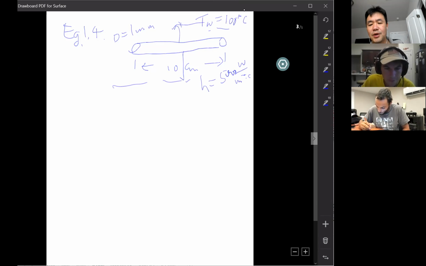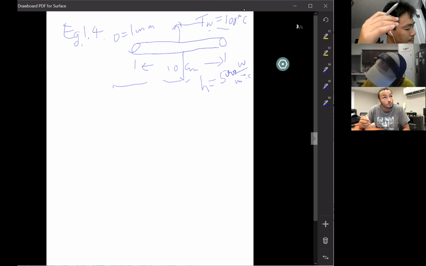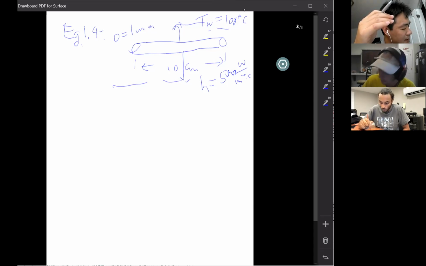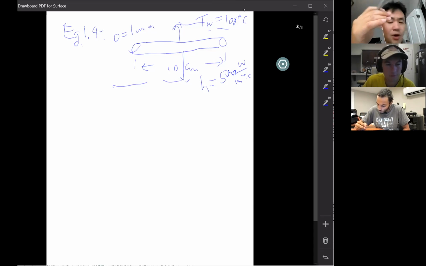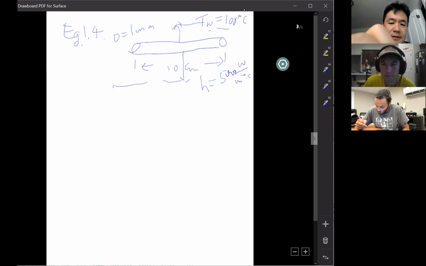This is a very practical application. You heat a wire and then the wire heats the water, okay? How much electric power must be supplied to the wire to maintain the surface temperature at 114? I give you a surface temperature, so this problem is easy.